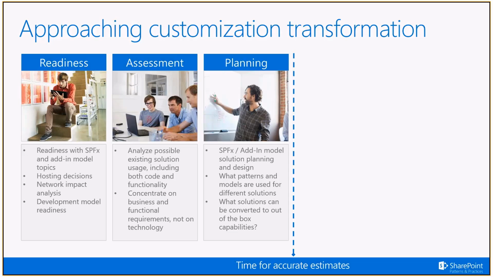The reason I'm saying initial is that this is the basic planning of how we can approach achieving those functional requirements. After this, we can do accurate estimates, essentially, because now we know which of the existing customizations are important, which are in use, which have to be transformed, and which we can actually just drop.